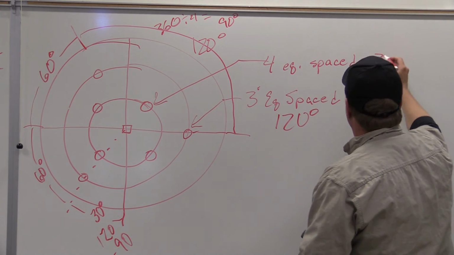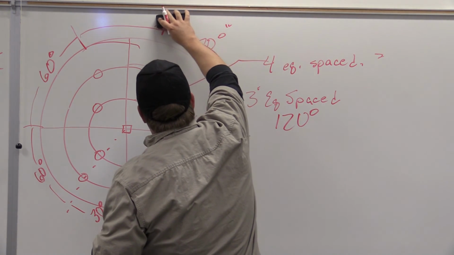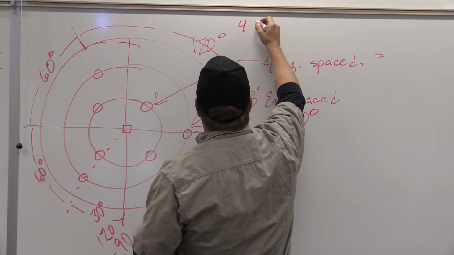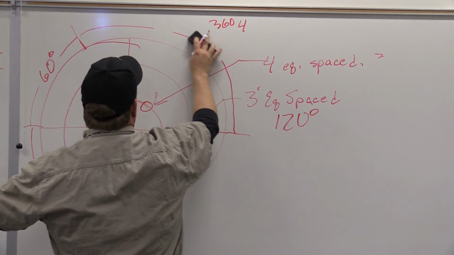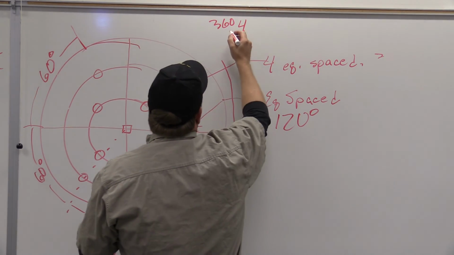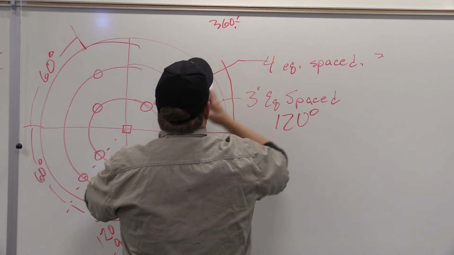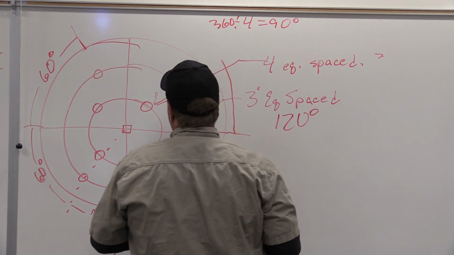So real quick, 360 divided by 4 is equal to 90 degrees.